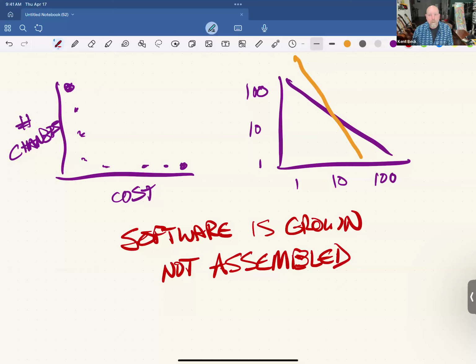And if you look at the data for the distribution of complexity, however you want to measure that, it's not consistent with this assembly metaphor for how software is designed. And whether we're talking about top down or bottom up, those are both assembly style metaphors.